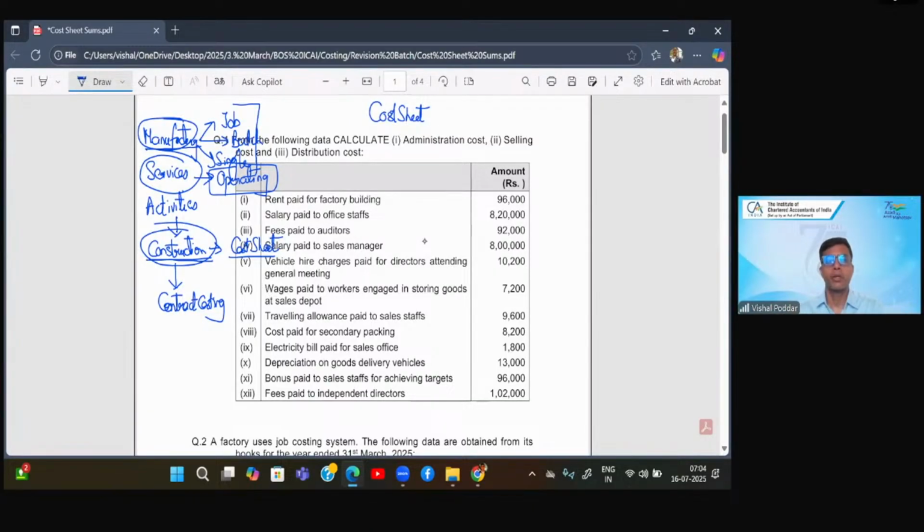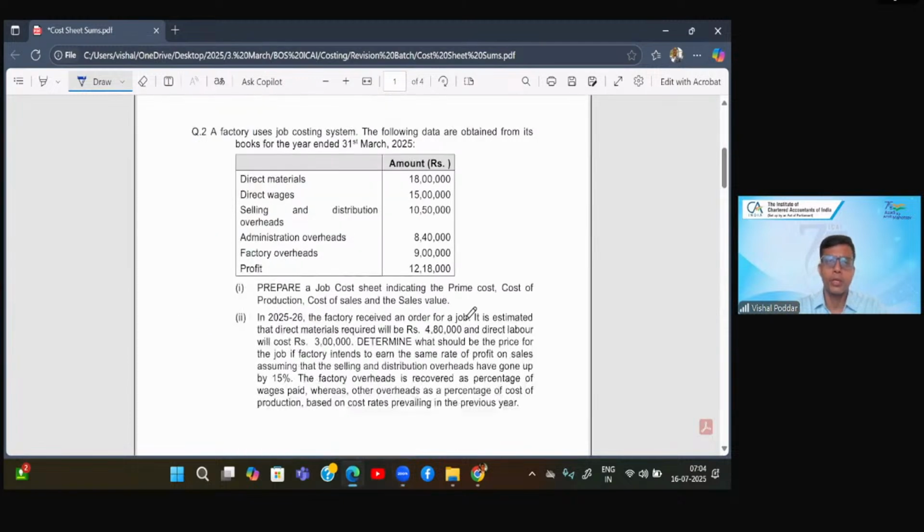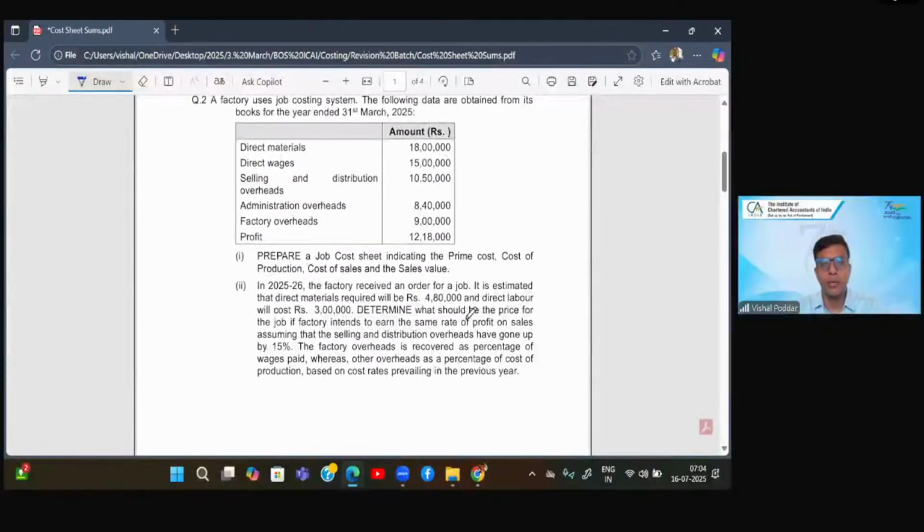So with this backdrop, let us go to the sums. Before that, anybody has any particular query in cost sheet, you may please feel free to post. We can take up your queries first. Not only cost sheet, even for that matter, if you want me to deliberate on any other aspect, I'll do that first. And then I will go ahead with your sums practice. Anybody having any particular query, doubt in any of this, please highlight.